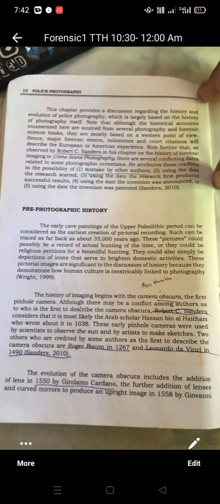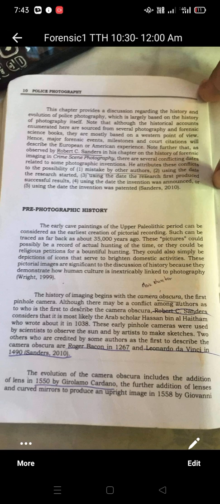Some sources of photography and forensic science books are mostly based on a Western point of view. Robert C. Sanders, in his chapter on the history of forensic imaging in crime scene photography, notes there are several dates related to photographic inventions.